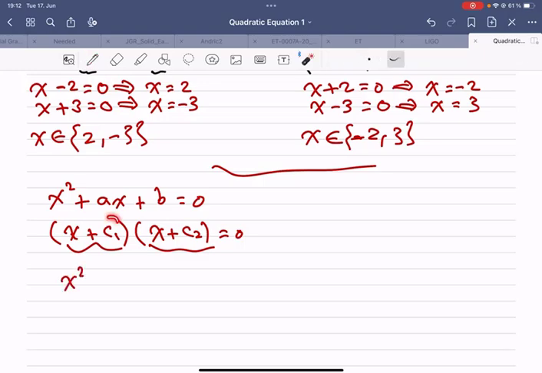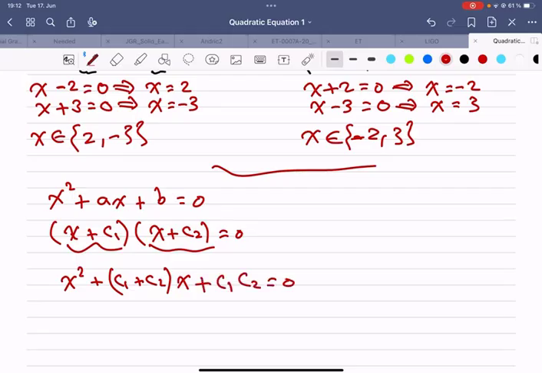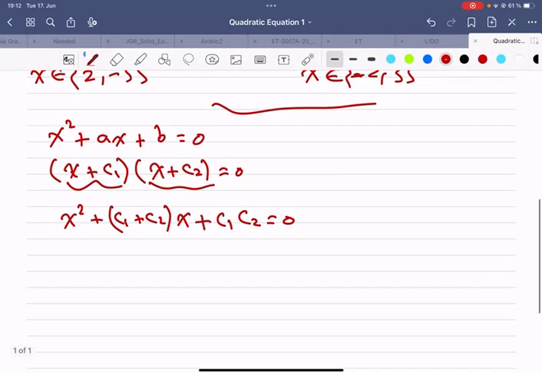Then c1 multiplied by x plus c2 multiplied by x gives you (c1 plus c2) x. Then c1 multiplied by c2 equals 0. So now c1 c2 equals b and c1 plus c2 equals a.